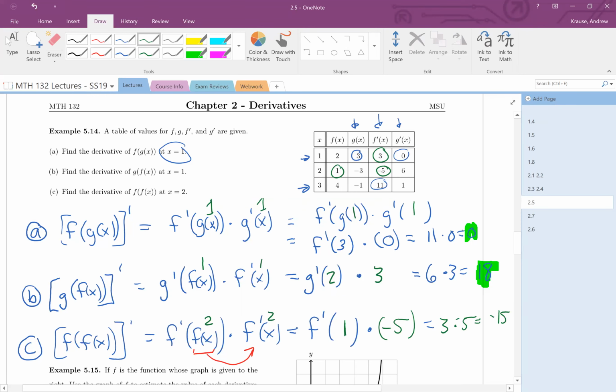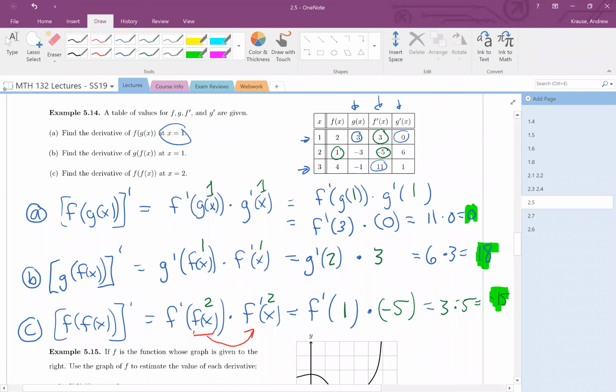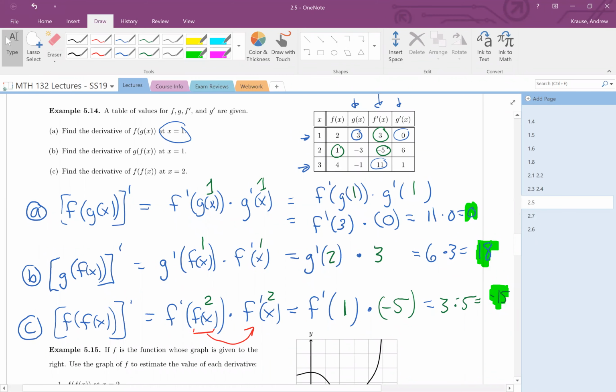And that's going to be our final answer for that one. So that's almost the same thing, just using tables instead of the algebraic functions to do chain rule derivatives, just following the form of the chain rule throughout the problem.